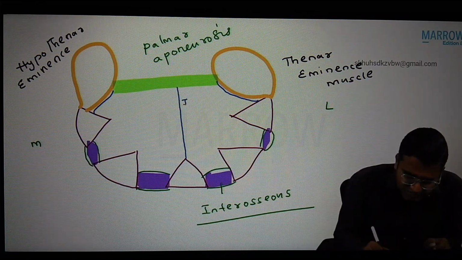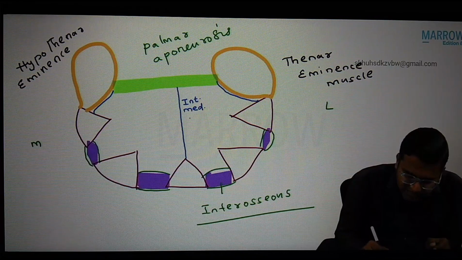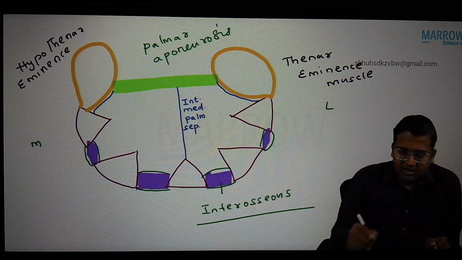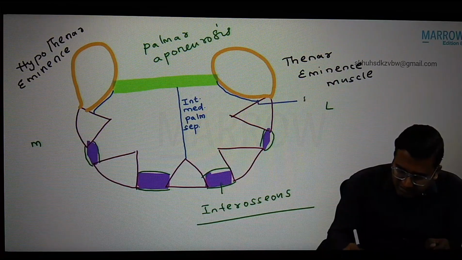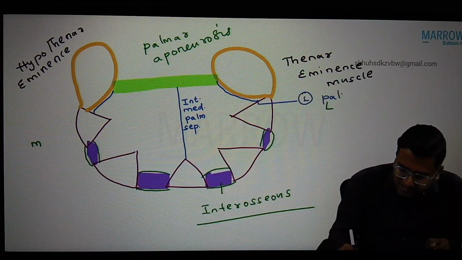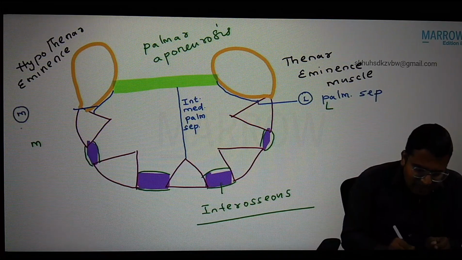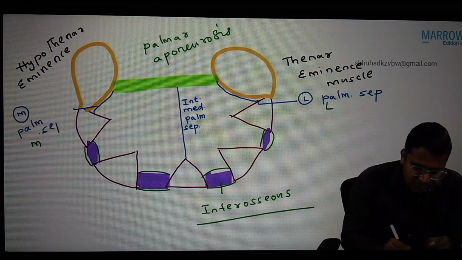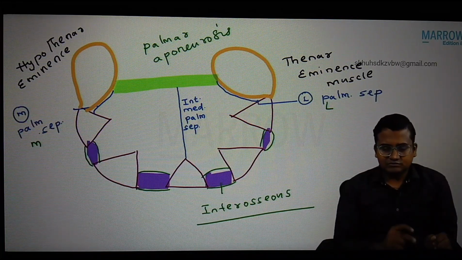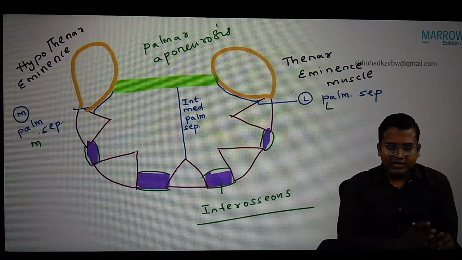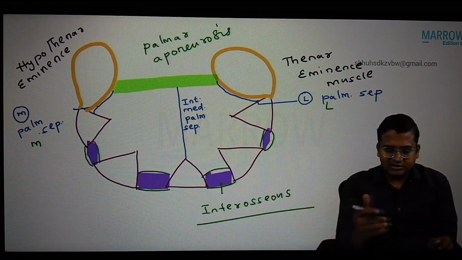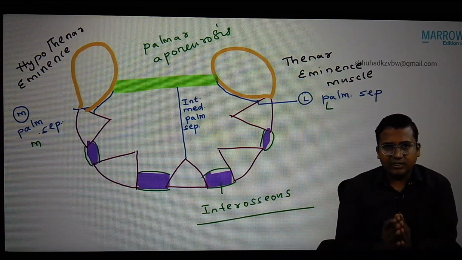Now this is our intermediate palmar septum, this is our lateral palmar septum, and this is our medial palmar septum. Please complete the diagram. Draw palmar aponeurosis, medial palmar septum, lateral palmar septum, and intermediate palmar septum.